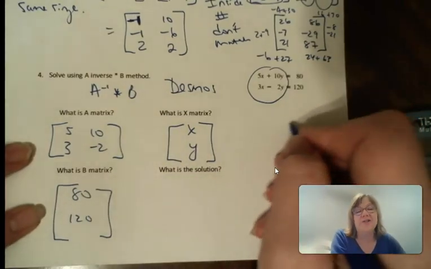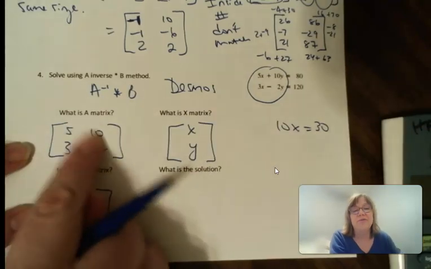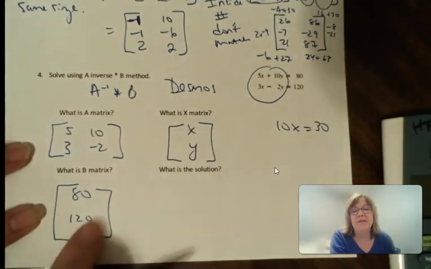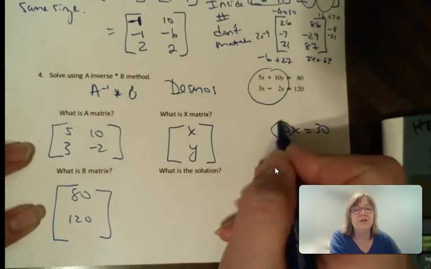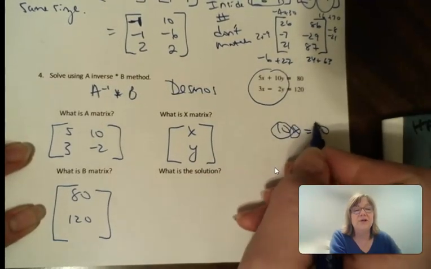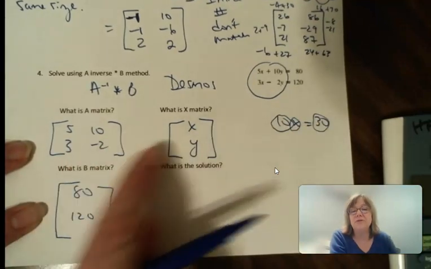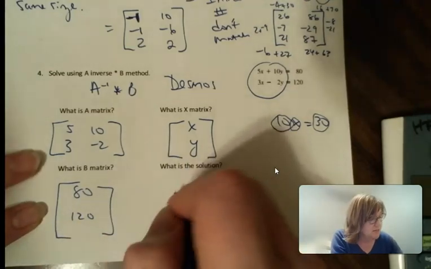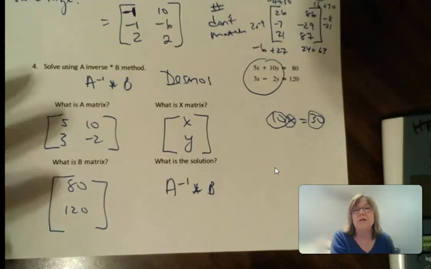So it should kind of match like, I don't know, 10x equals 30, where you have a coefficient, variable and then equals 30 would be comparable. So this is like your coefficient matrix, variable matrix, and total matrix. It's just, obviously, these are numbers. This is matrices, all right? Then on Desmos, just do A inverse times B, and your answer should pop out.